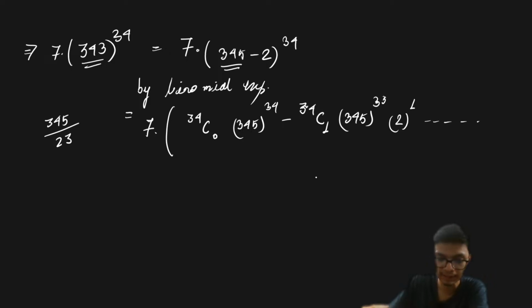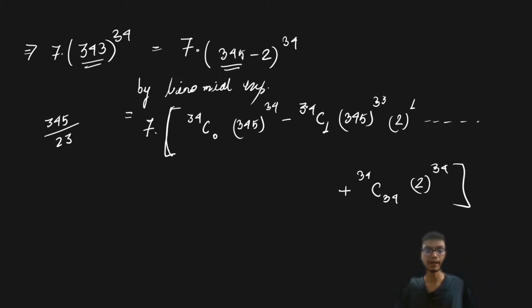And so on, until we get the last term, which is going to be plus 34 C 34 2 raised to the power 34. That is what we have once we do the binomial expansion, right?